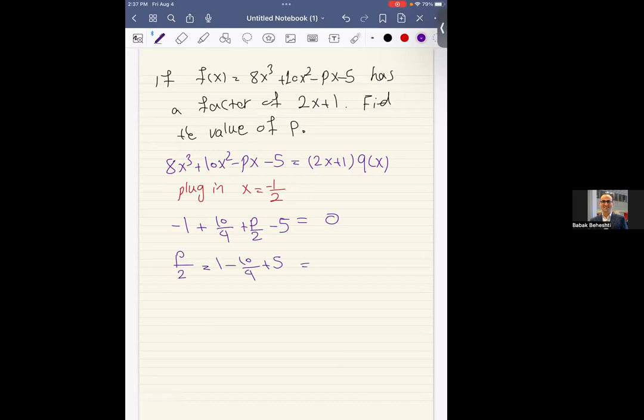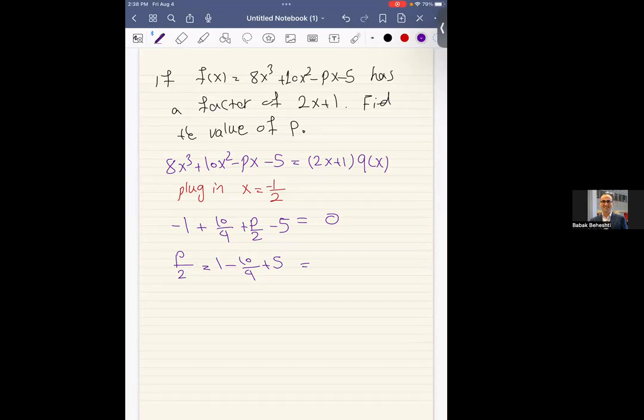How come x cubed is gone from the equation? It's not gone. Minus 1/2 cubed is minus 1/8, times 8 is minus 1. So I just plug in x equal to minus 1/2 into 8x cubed.